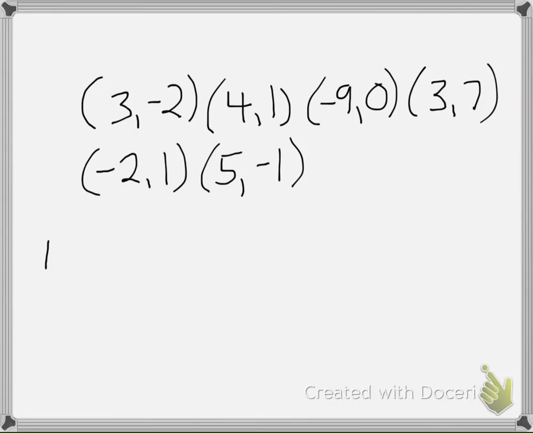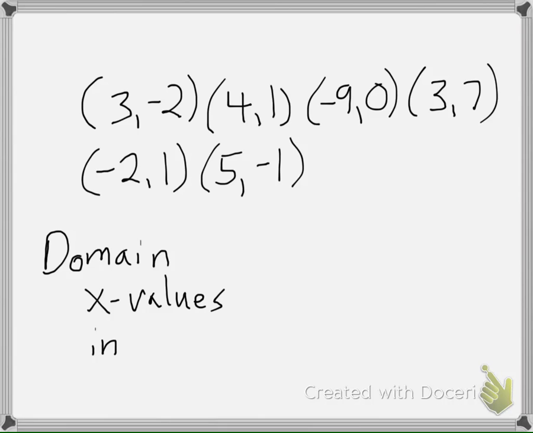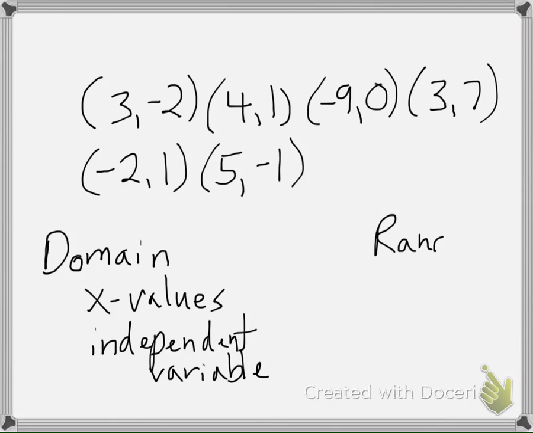So the domain is just another name for our x values. The x values are also sometimes called your independent variable. Whereas the range is another name for our y values, also known as our dependent variables.